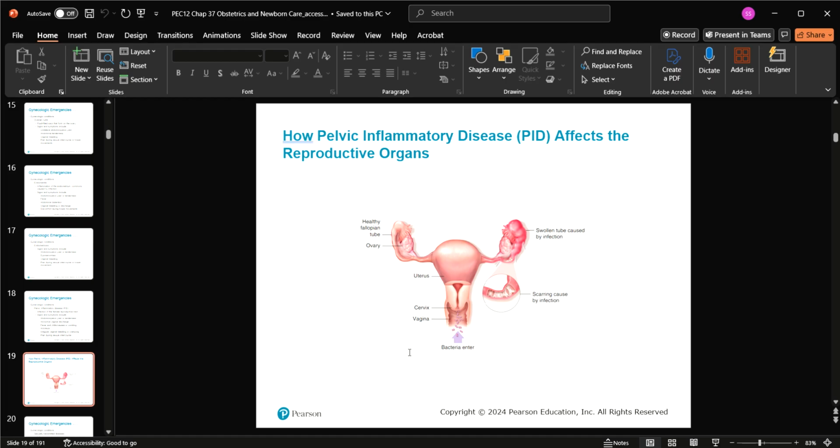So we're talking about the entirety of the tract, starting at the vagina, the cervix, the uterus, going all the way up to the ovary and including the fallopian tube. So that bacteria enters through the vaginal canal and just starts to work its way up through the entirety of the woman's reproductive tract, and it can cause pain to the entirety of that site.